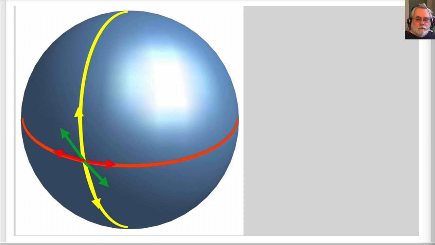For example, at this point, light can be moving in either of the yellow directions, either of the red directions, either of the green directions, or any circumferential direction at all. Likewise, for any other point on the spherical surface, light can move in any circumferential path.